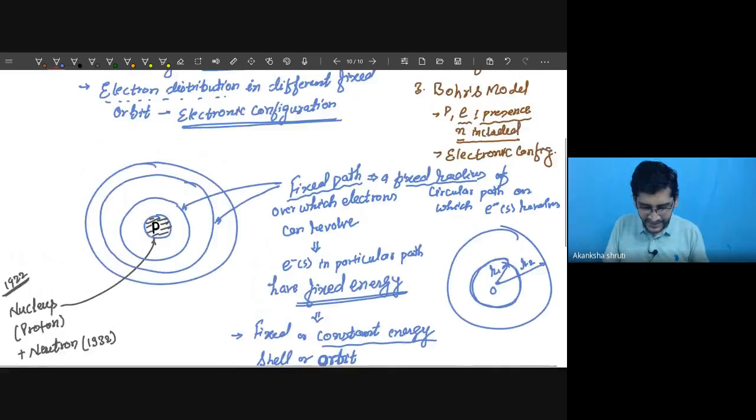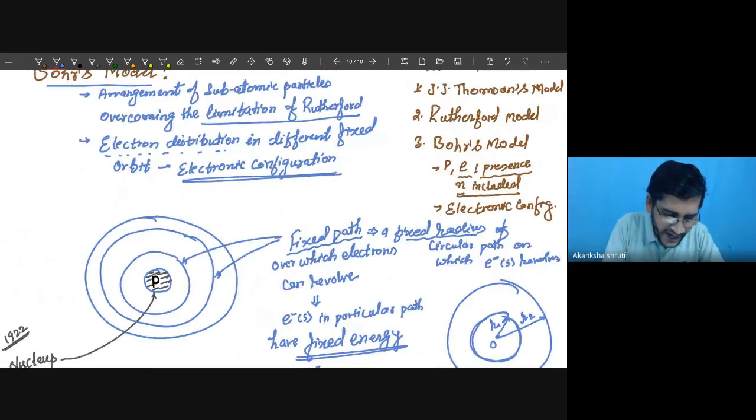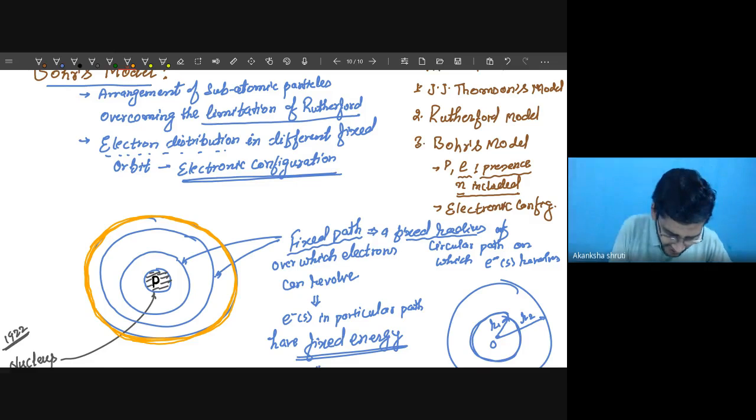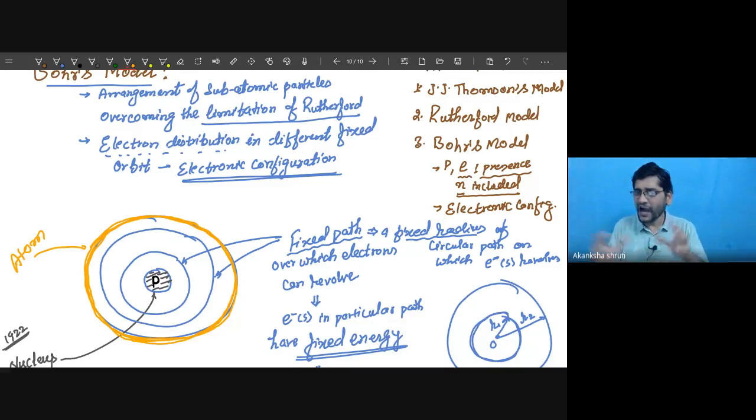Once again, let us understand this, students. Let me rewrite over this. If we consider an atom of this shape, this is the atom. The atom is the outer boundary, or the maximum size.